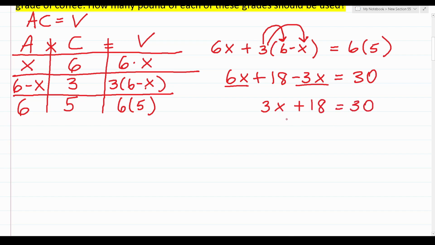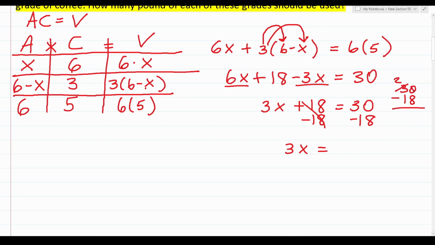Now we're just solving for x, so in other words, we want to get x by itself. So I'm going to subtract 18 from both sides. This will cross out here, leaving me with just 3x equals. And right here, we have to either do this mentally or we can work it off to the side. It doesn't really matter. So we'll do 30 minus 18 off to the side. 0 minus 8 we can't do, so we have to borrow.